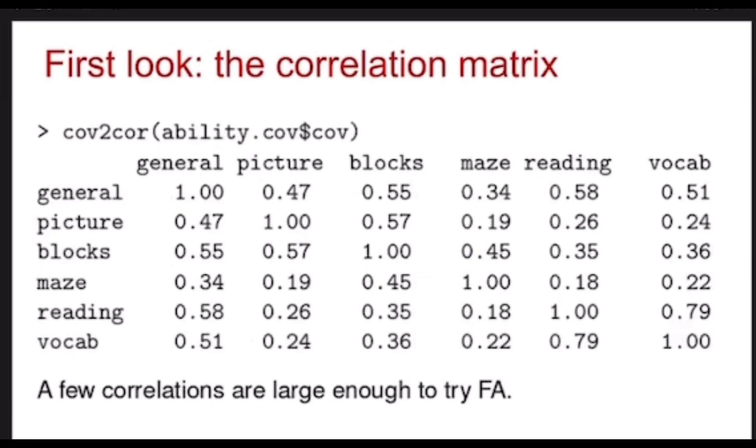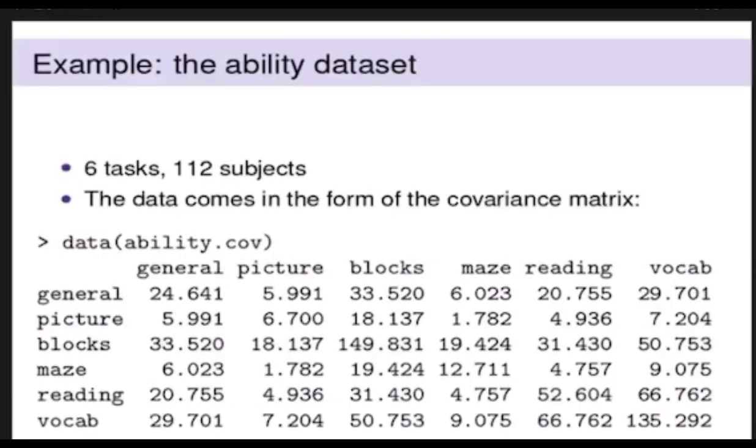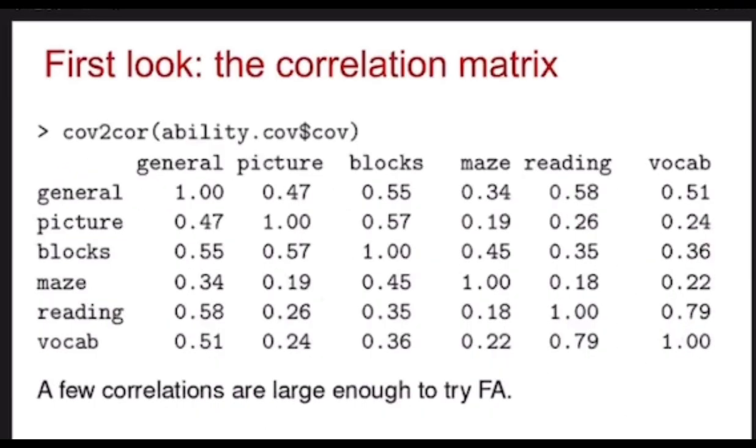The first one is covariance, the second one is correlation, and that's why you see the diagonal is 1, right? Now a few correlations are large enough to try FA. If you want to try FA, you need to look at the correlation. Like you got 0.58, that is large, 0.57, 0.79. Then you can think of, okay, a factor model can actually be applied.